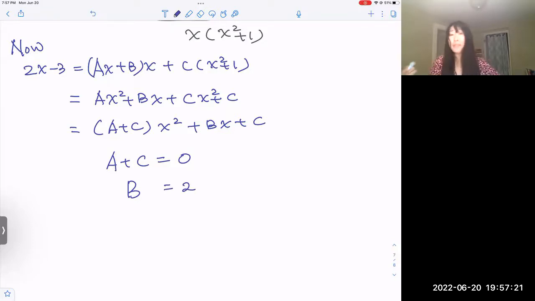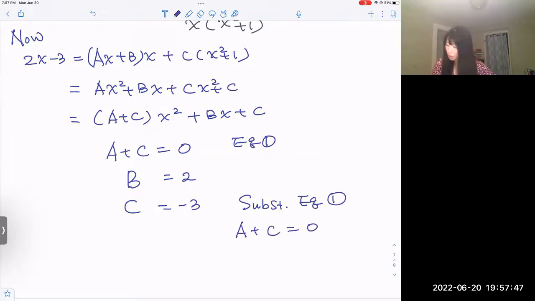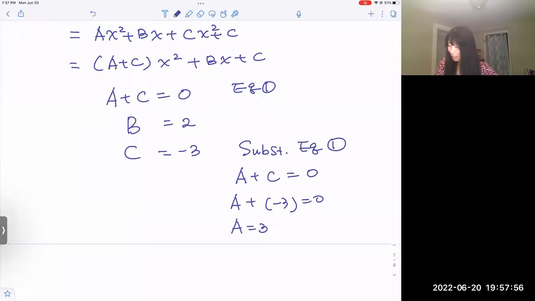Oh, wow. Then we can find only a, right? So c corresponds to the constant term, which is -3. All right, then we have equation number 1. So substitute into equation number 1: a plus c equal to 0. A equal to 3, thank you. So we have a equal to 3, b equal to 2, c equal to -3, right? Good.